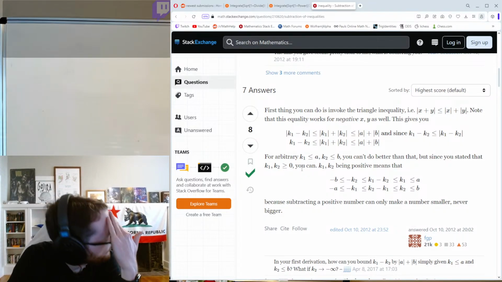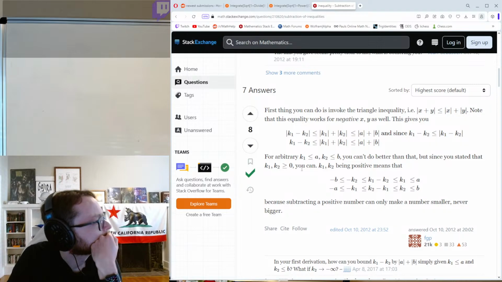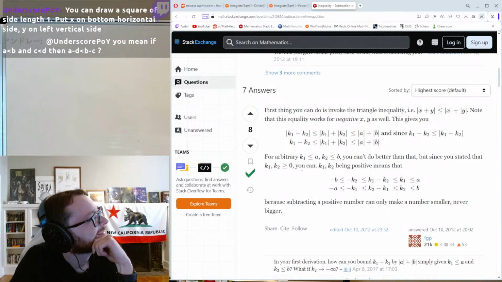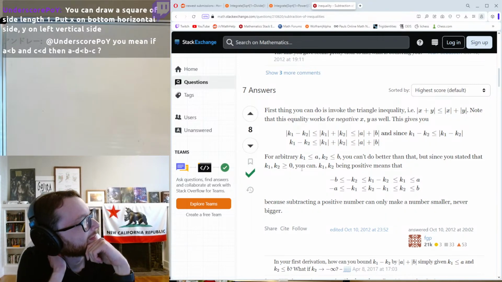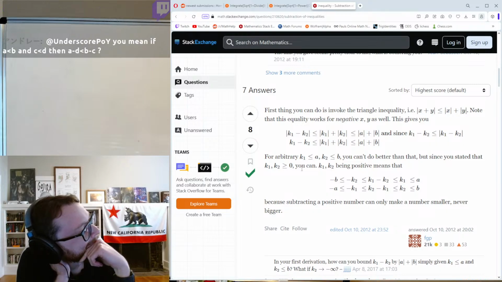But we're given they're positive. I feel like in this case, it does work. It just doesn't generally work. Because, well, I don't know.